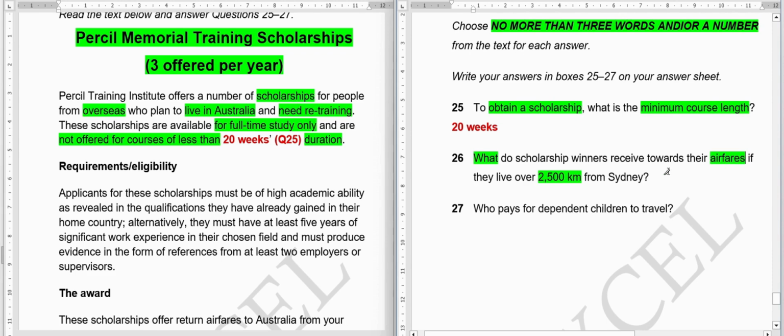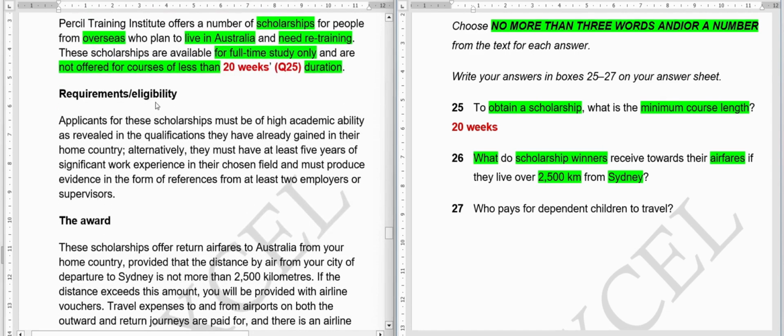So about their airfares, obviously they have written about flights. If they're living 2500 kilometers away from Sydney, what will they get as scholarship winners? Let's see what those scholarship winners get. It's a bit of a tongue twister for me. Okay, requirements, eligibility.